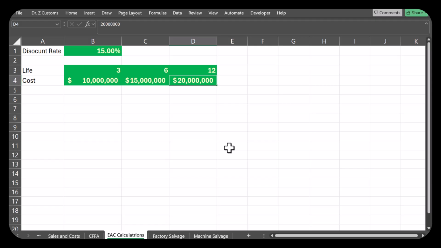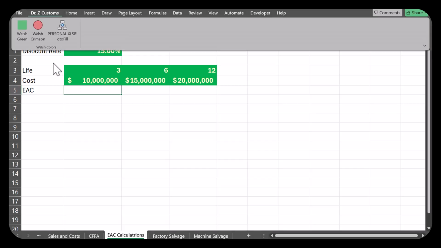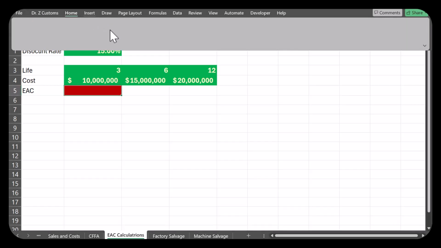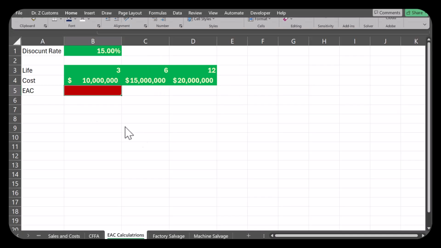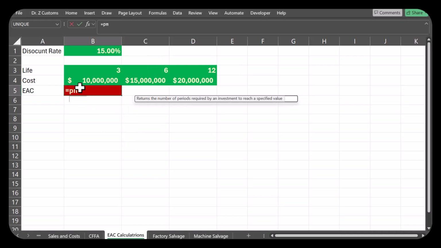What you need to do is calculate the EAC, which is going to be a red cell, dollar format, PMT, my discount rate, life of the project, and negative of the cost of the project.